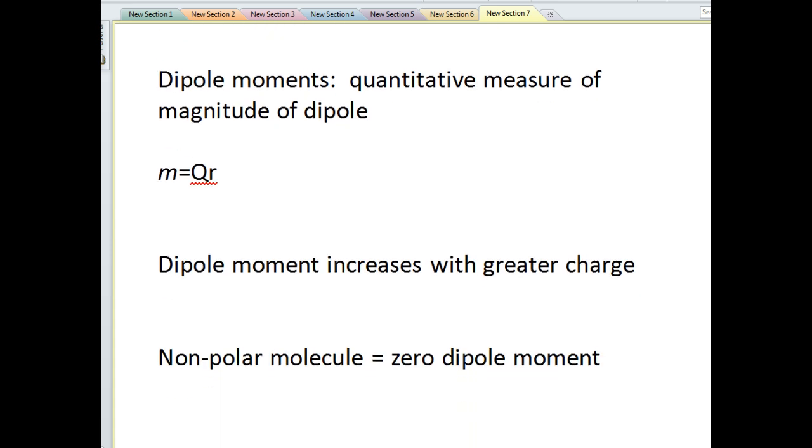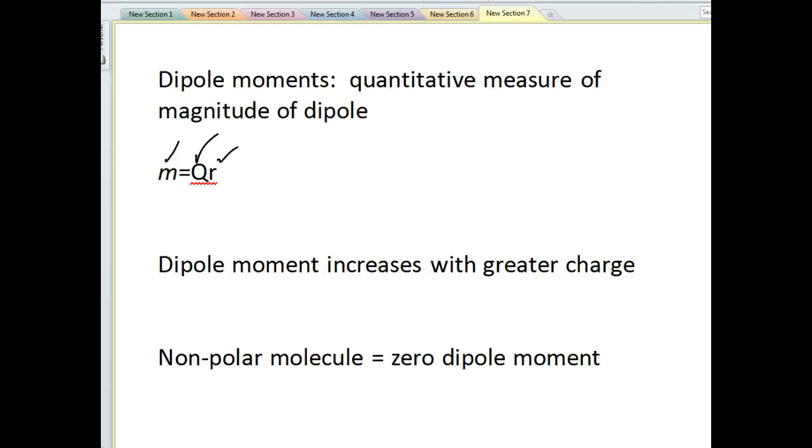The last thing we're going to talk about is the idea called a dipole moment, and this is the quantitative measure of the magnitude of a dipole or a polar bond. So the charge that's on a molecule. This is a little formula we'd use: Q is the charge differential that we talked about the other day, and R is just the distance.